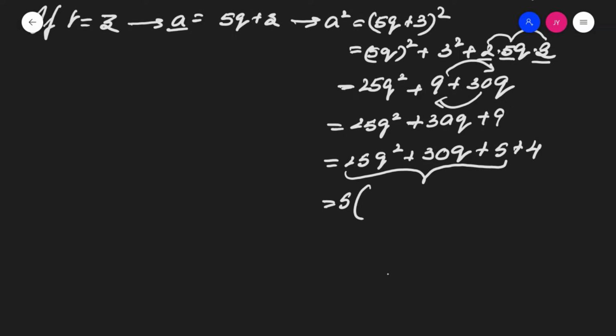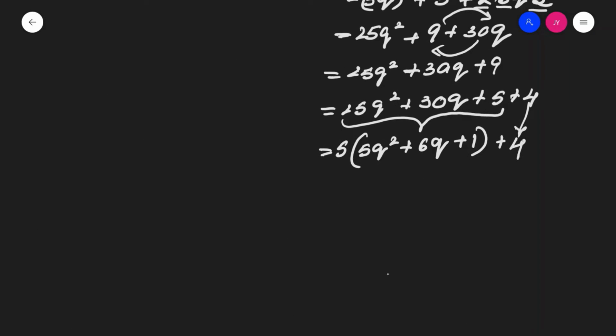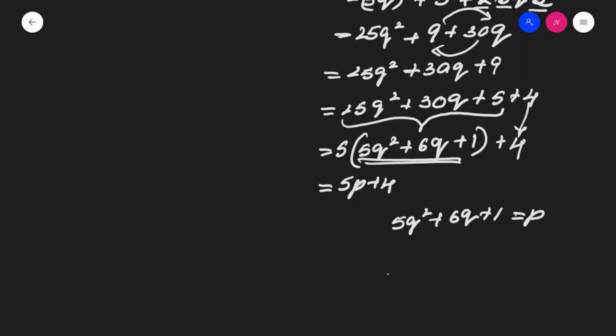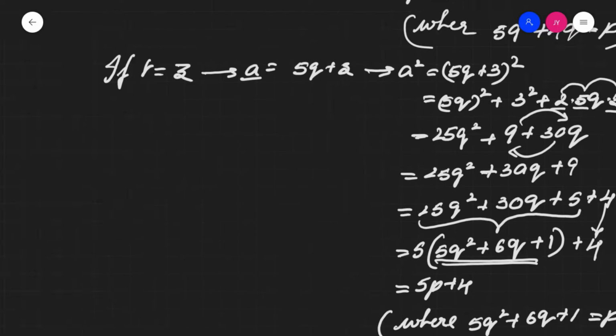So it will be 5 into 5q square plus 6q plus 1, and this 4 right here. So let us take this value as p. 5q square plus 6q plus 1 is equal to p. Then 5 into p plus 4 is 5p plus 4, where 5q square plus 6q plus 1 is equal to p.